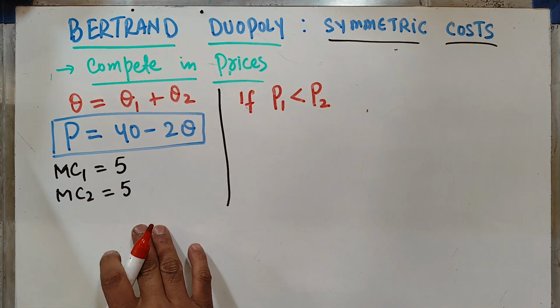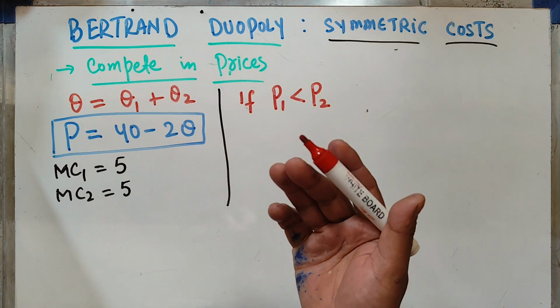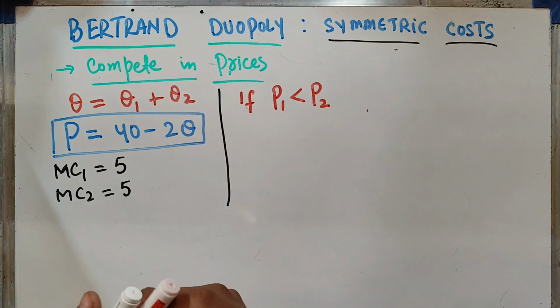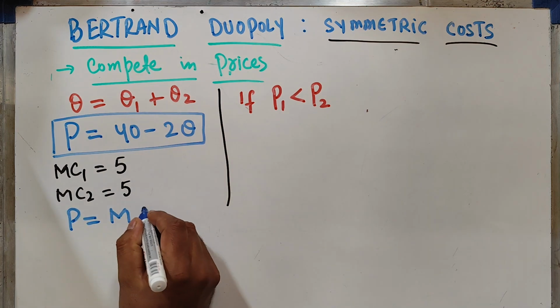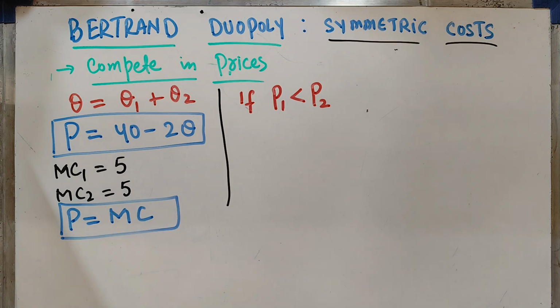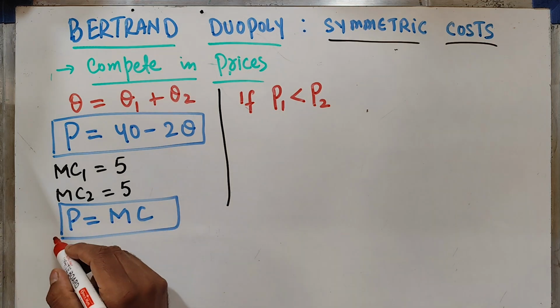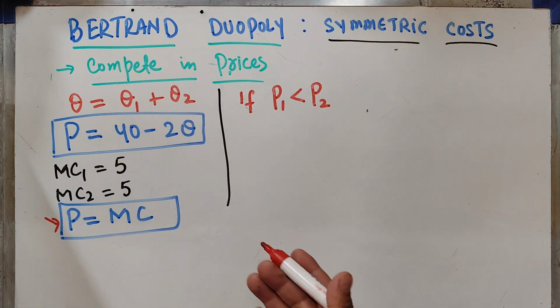In the Bertrand Duopoly model, we get marginal cost pricing: the equilibrium occurs where price is equal to marginal cost. This is the profit maximizing situation, the optimal solution. I will explain why.